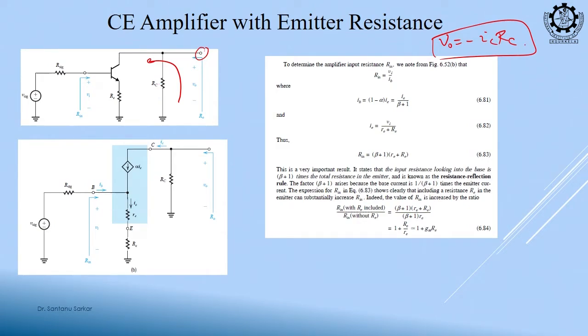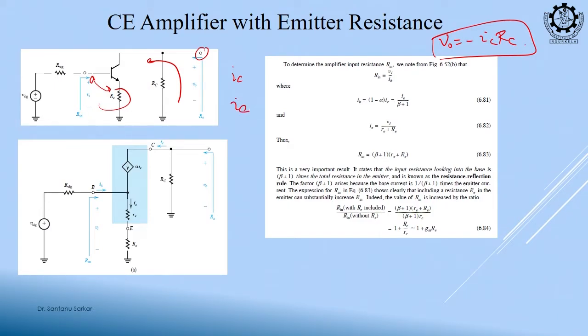This remains the same. Now, what will vary? IC will vary. Why? Because in the previous cases all of VB was coming across this, now VB is subtracted because of RE, right. So, VB is a little bit less because of the RE. So, IC will get modified from the previous circuit. So, we have to find out what IC is. So, let us find out what IE is first.